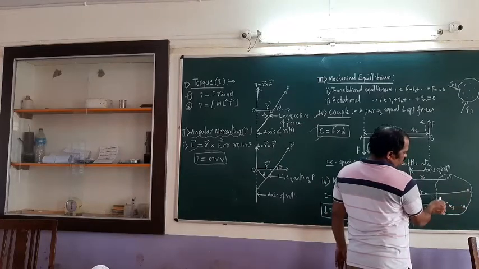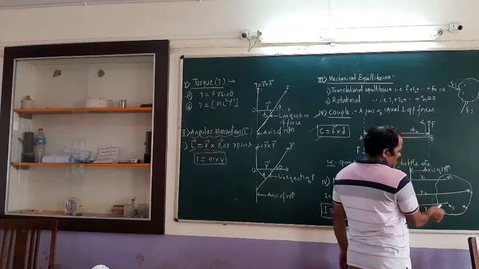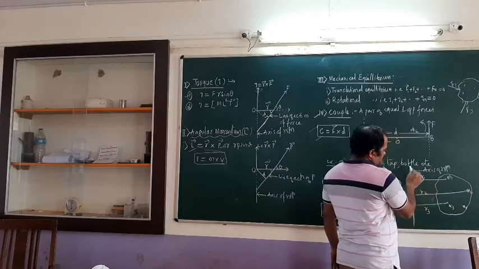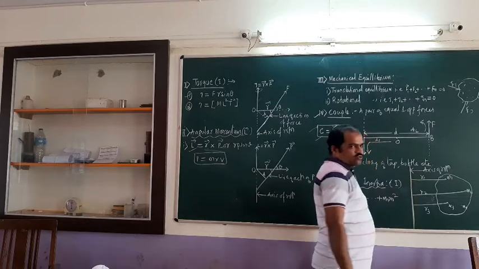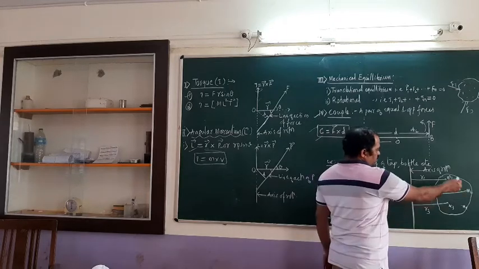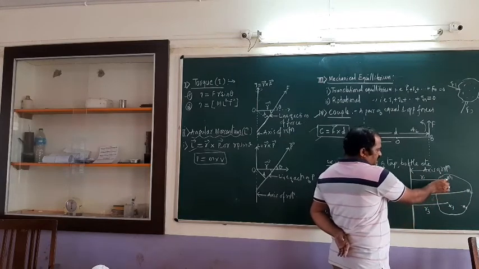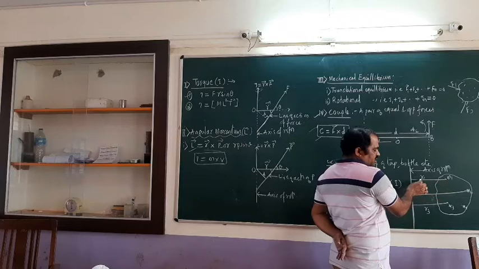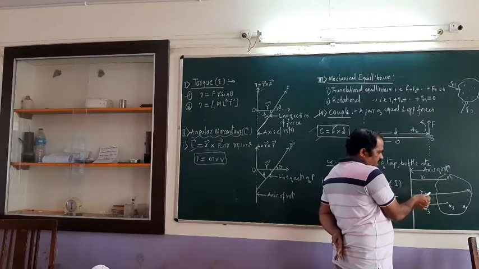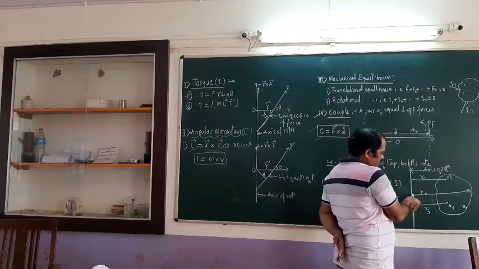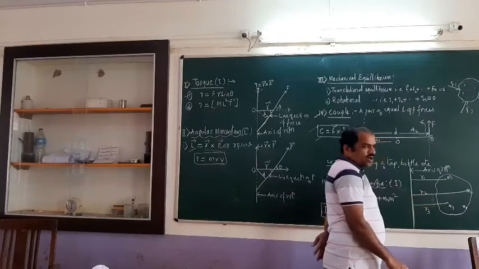Suppose this is a rigid body having a large number of particles like m1, m2, m3, so on up to mn. This line is the axis of rotation of the body. If the body is rotating about this axis, then m1 is at a perpendicular distance r1, m2 is at distance r2, and m3 at r3, and so on.